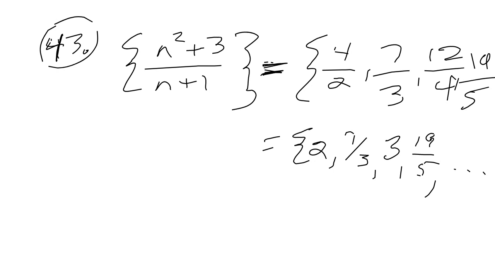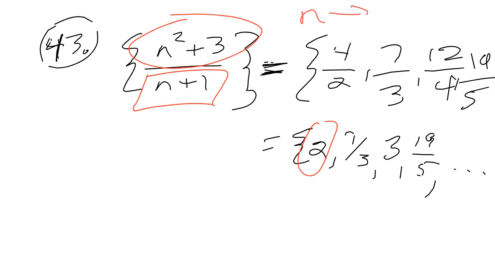So the question might be, how do we determine if that's bounded? Well, if you notice here, a couple of things. First of all, the smallest it's going to be is 2, because this thing, n squared plus 3, grows at a much faster pace than the denominator function of n plus 1. So since n is going toward positive infinity, the farther out we get to the right, the more the numerator is going to dominate.